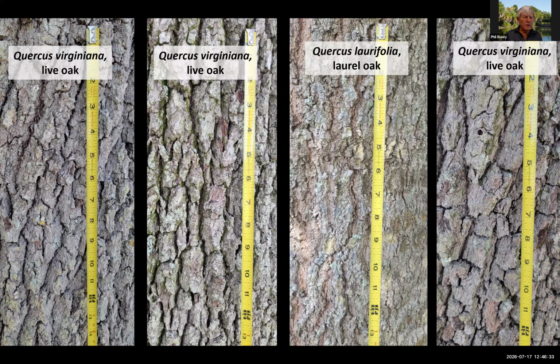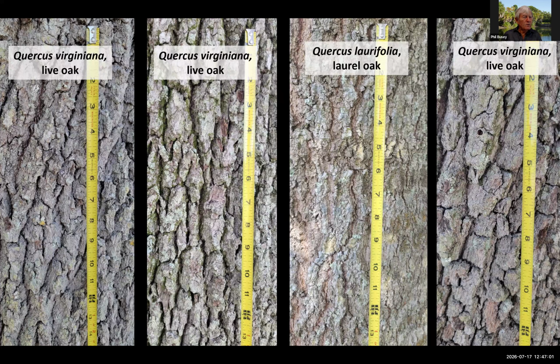They all have deep ridges and high ridges and valleys, but they're also sort of block-like. All three of those are about 3-inch blocks. The Quercus laurifolia, the third from the left, it doesn't have a smooth bark, but it's not deeply ridged and it doesn't have deep crevices either.